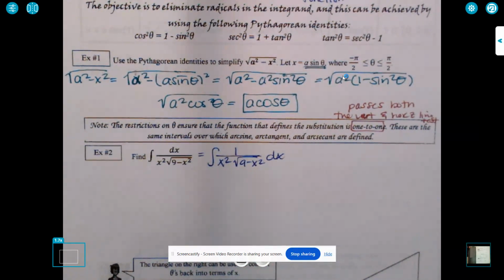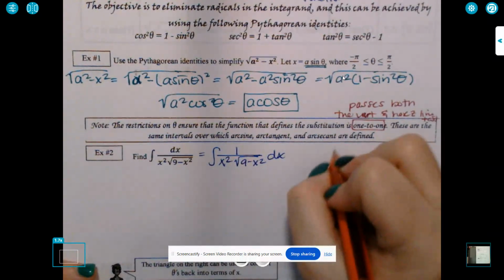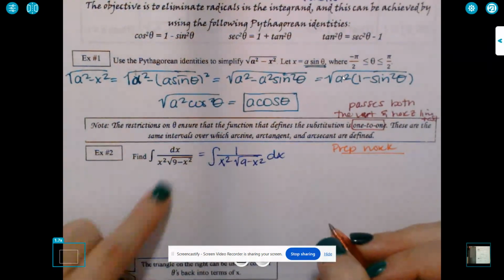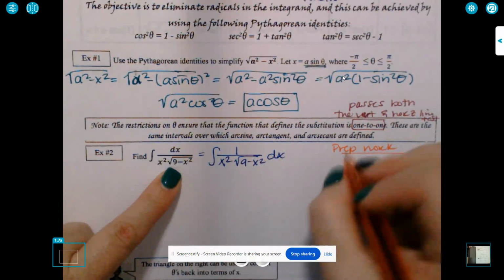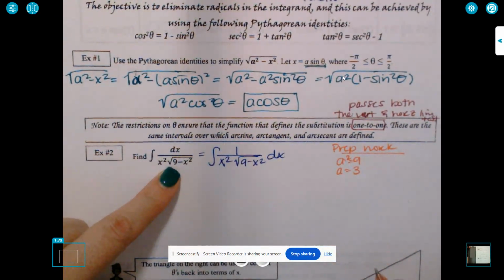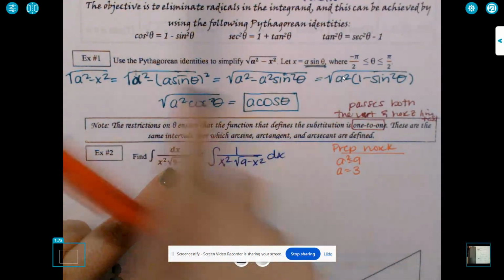All right, so we're going to talk about our prep work with this. These do look familiar to some other ones that we've used before. So if we're using this, then the 9 is going to be our a squared. Therefore, our a is going to be 3. Now we're using number 1 here, like what we did up here in example 1.